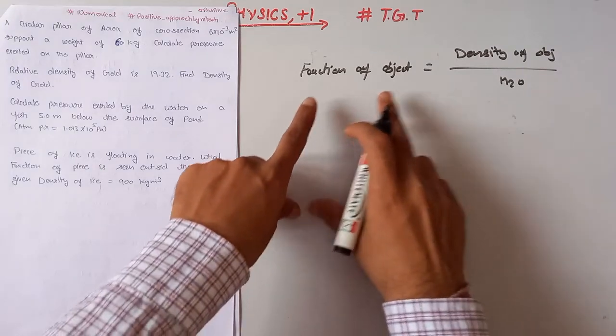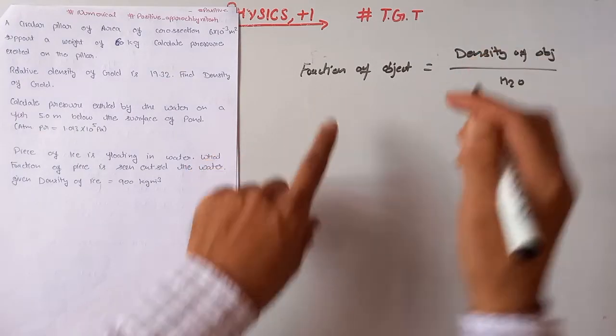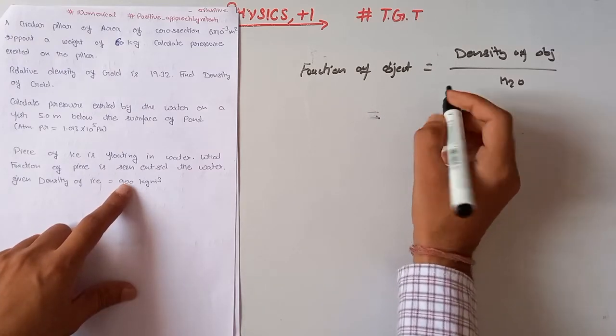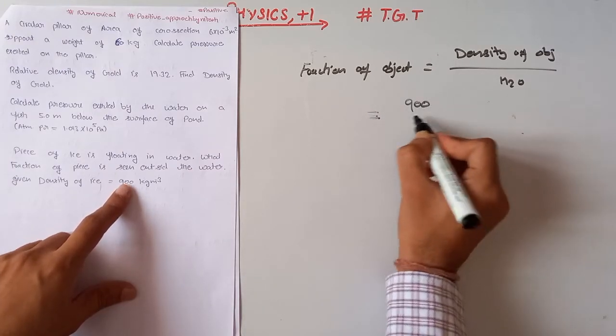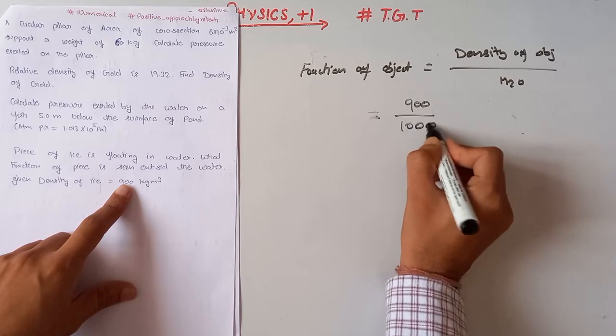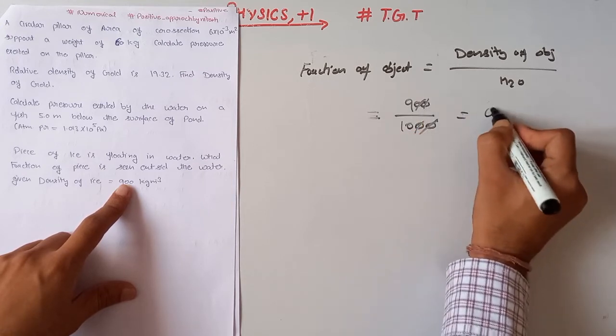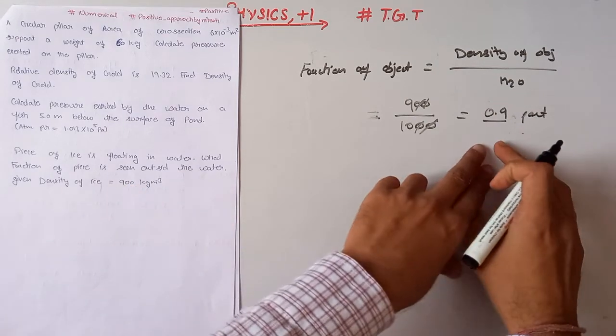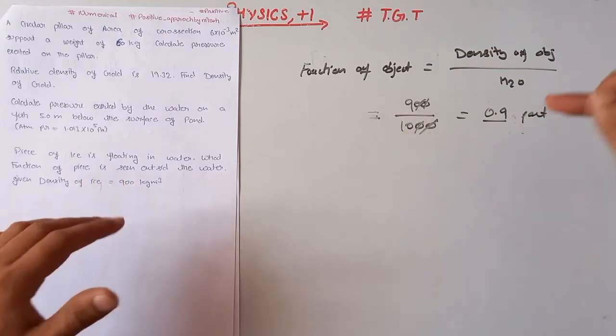So here the density of the object is 900 divided by the density of water, 1000, which is equal to 0.9 part. This is the part of the ice which is immersed in water.